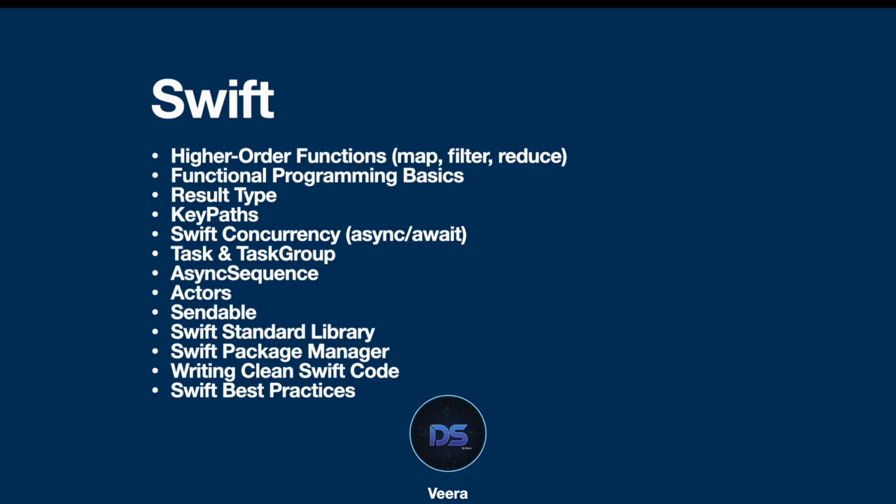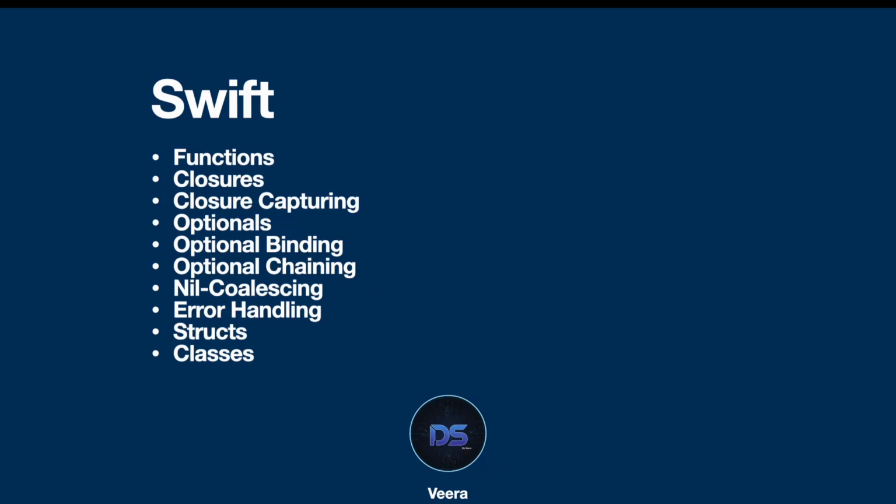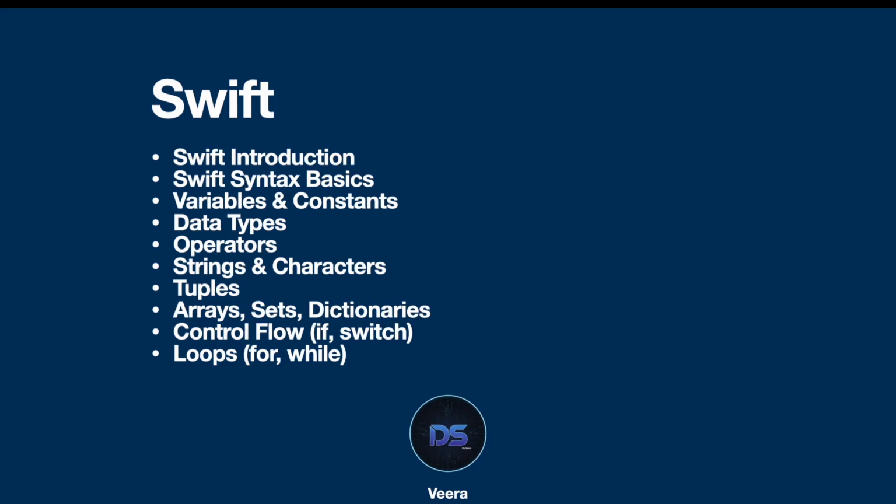All these things we will discuss one by one in the upcoming sessions, and you can mark this video as a reference, or you can note down the topics from this video. Let's dive into today's session.